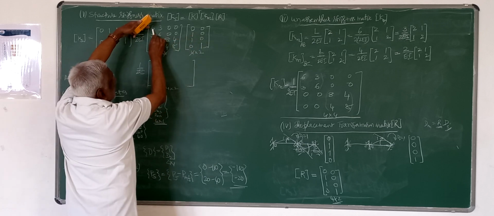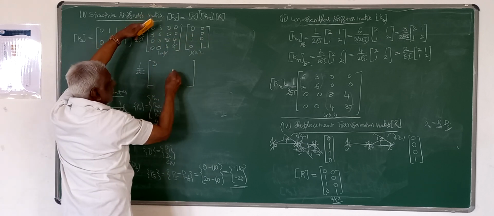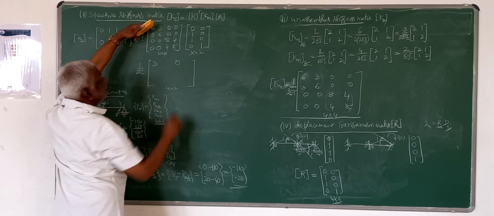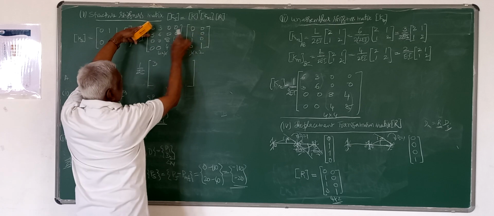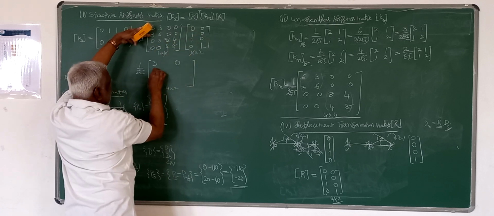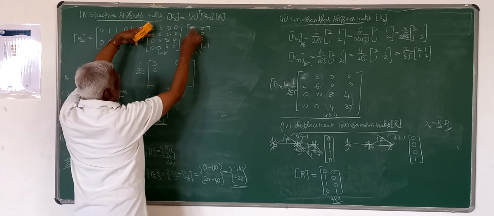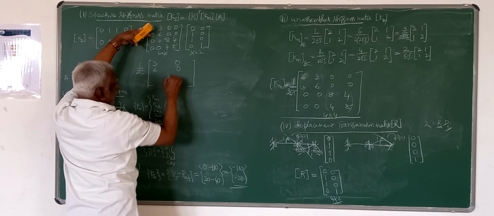Next second column, 6 into 0, 3 into 0, 0, 0, 0. So it is 0. Next, 3 into 0, 6 into 1, 6, 0, it is 6. Then 3 into 0, 6 into 0, 0, 0, it is 0.